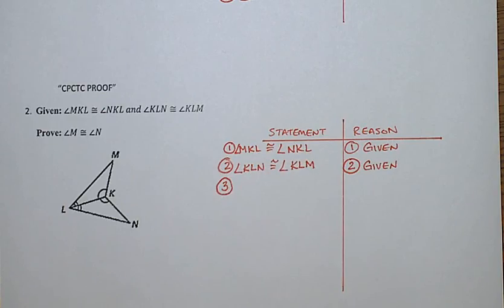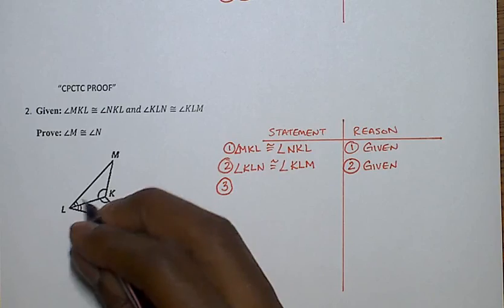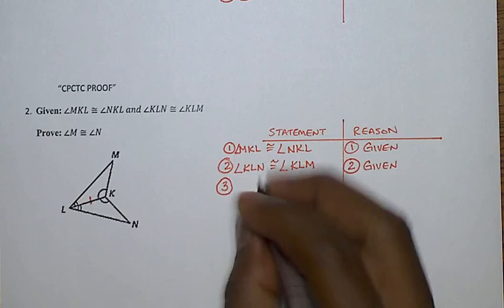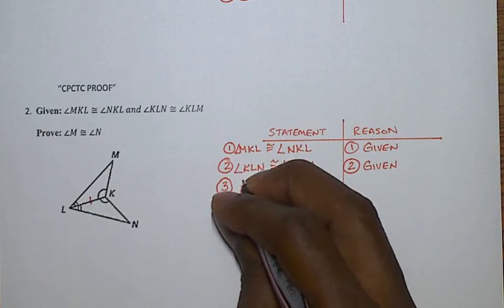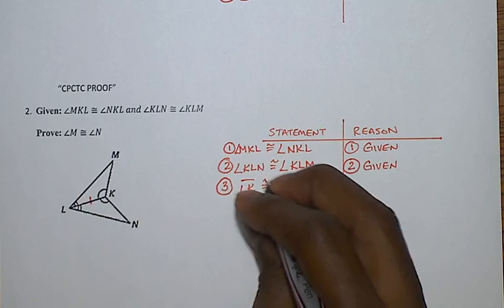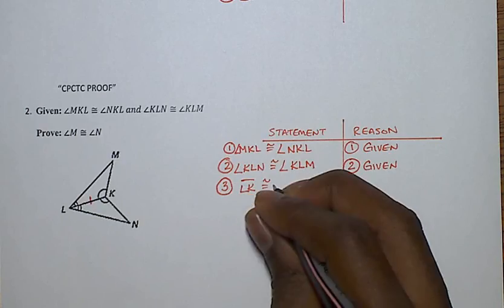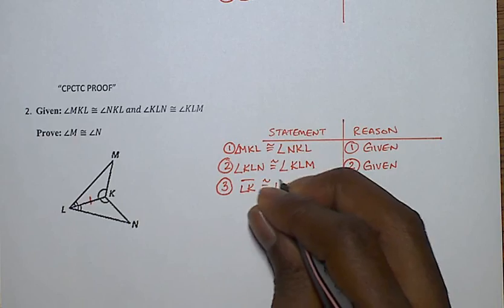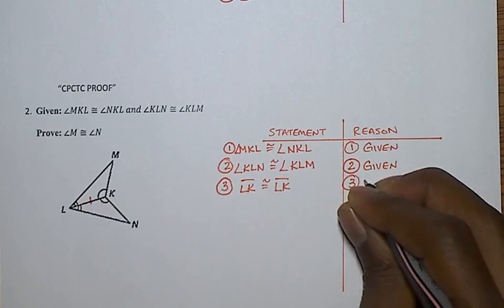So now I guess we have to think on our own a little bit. I can see we have these two. LK is congruent to LK, and that's the reflexive property.